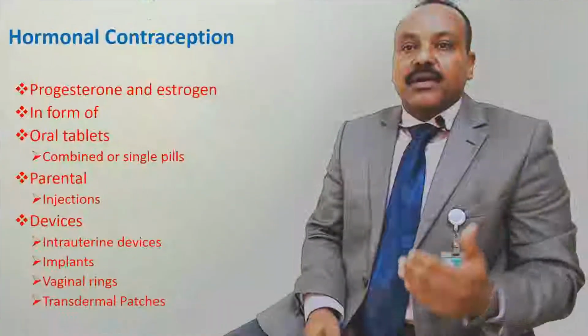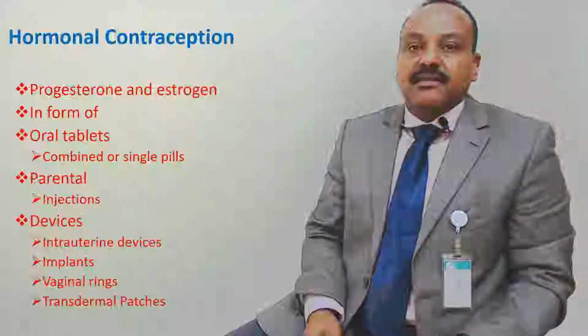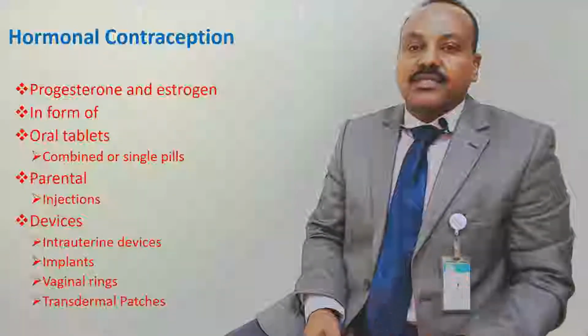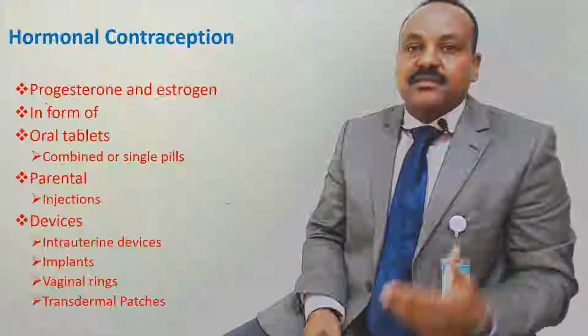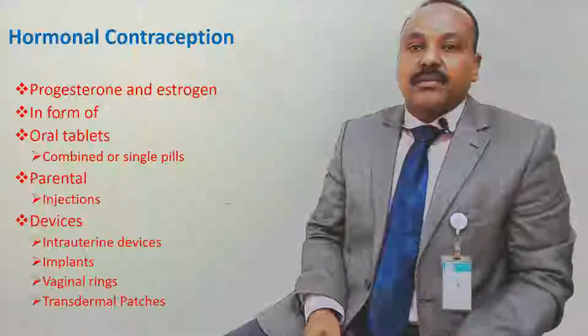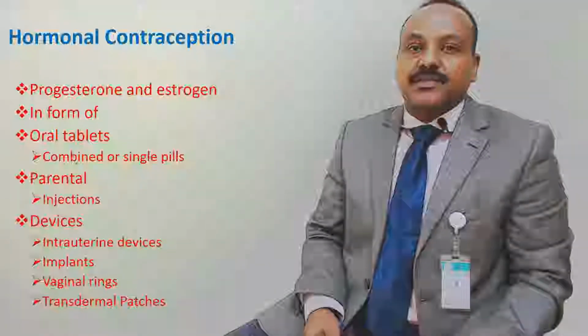Let us talk about hormonal contraception. This means the type of contraception which uses hormones to prevent pregnancy. In the previous lecture, I talked about mechanical contraception and barrier contraception.